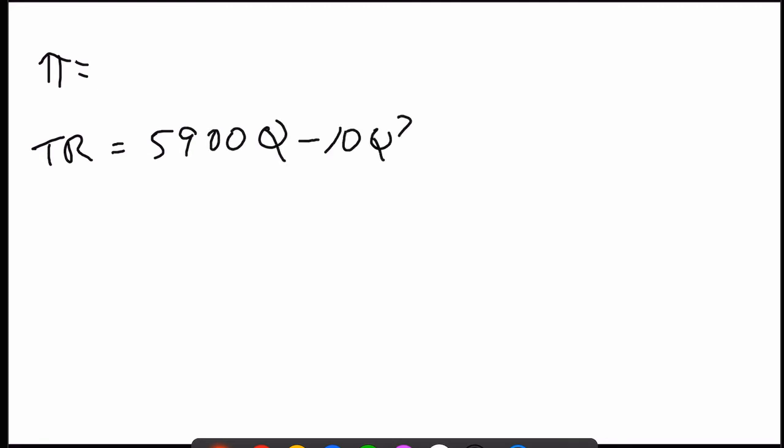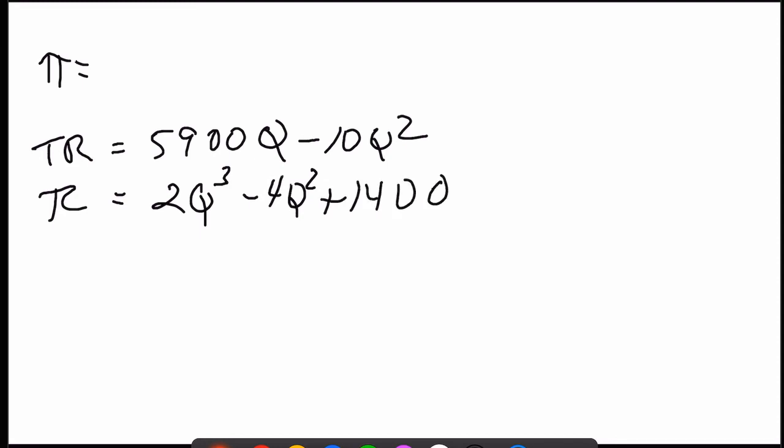If I say profit, then I need a total revenue function and a total cost function. So maybe my total revenue function is this, and my total cost function is this. How do I maximize my profits?